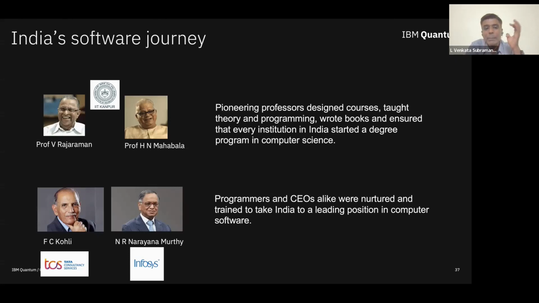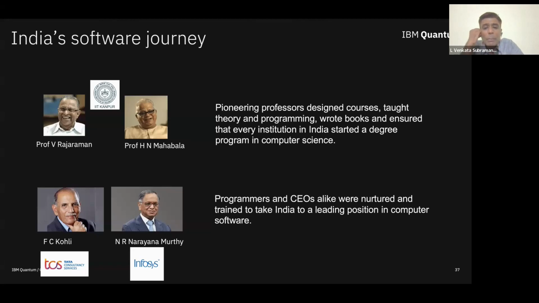I'm not saying IIT Kanpur was the only place, but I'm just quoting one journey, because I use some of the textbooks by these professors. I know that people like Narayan Murthy and Kohli studied there in Kanpur and actually went on to build large computing institutions in India, right?